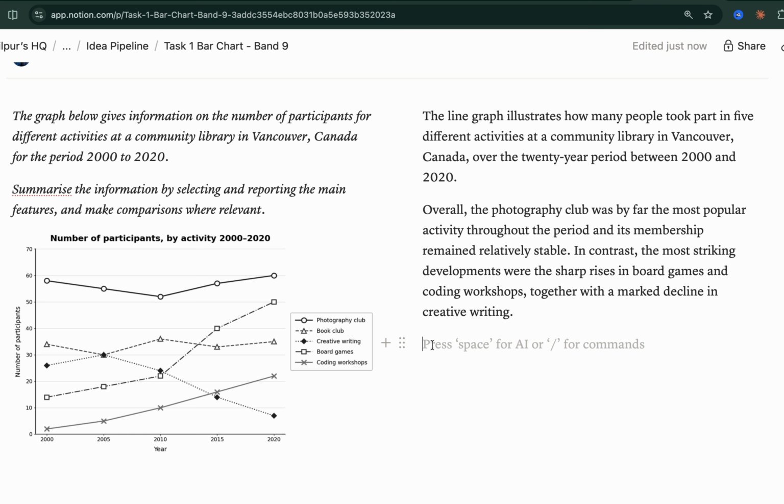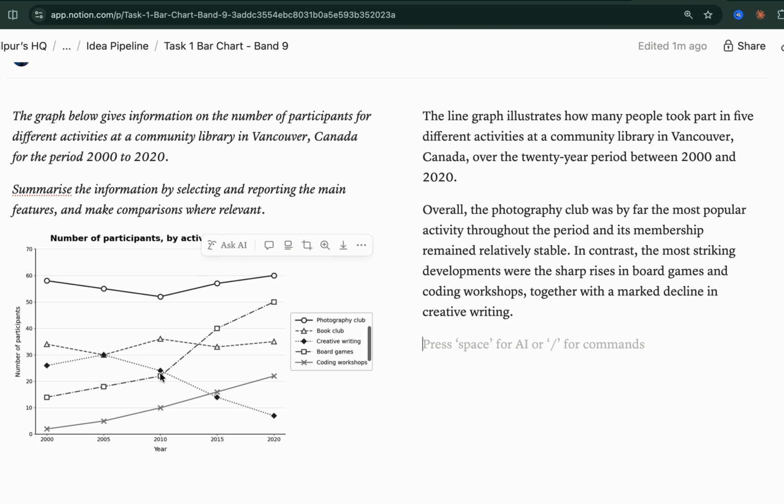Now, it is time to move on to our body paragraphs. And well, we know that we need to write 2 body paragraphs, but how to write them, what to write in those body paragraphs. This is where many candidates face challenges. And hopefully, I'm going to give you a little bit of a tip on writing and dividing your body paragraphs.